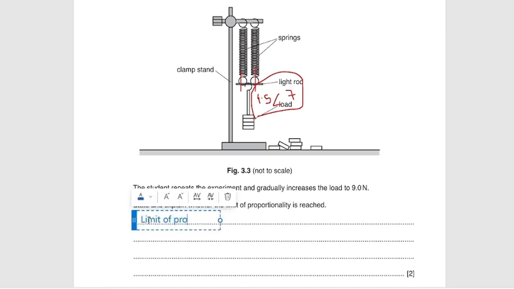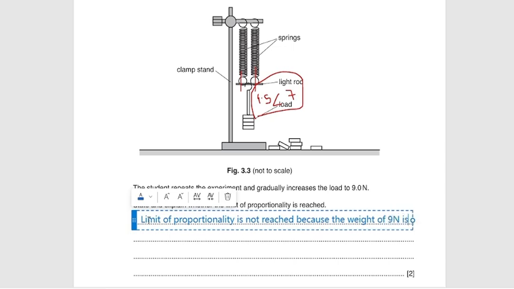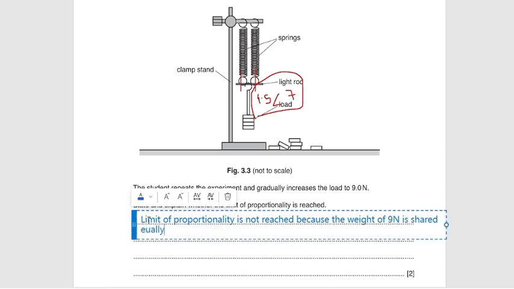Limit of proportionality is not reached because the weight of 9 Newton is shared equally. That's extremely important because we have similar springs, so both will be taking 4.5 Newton.